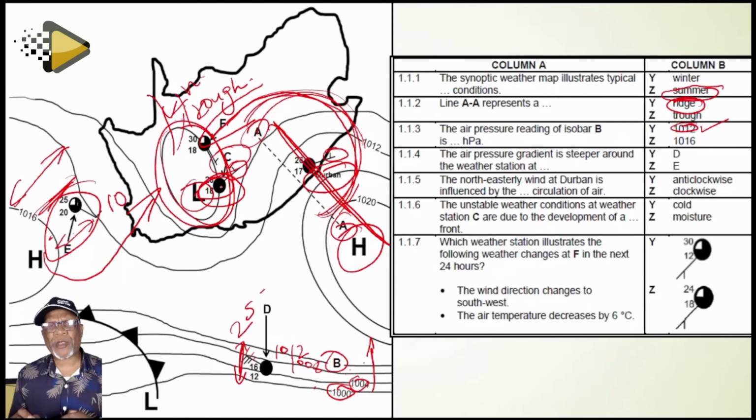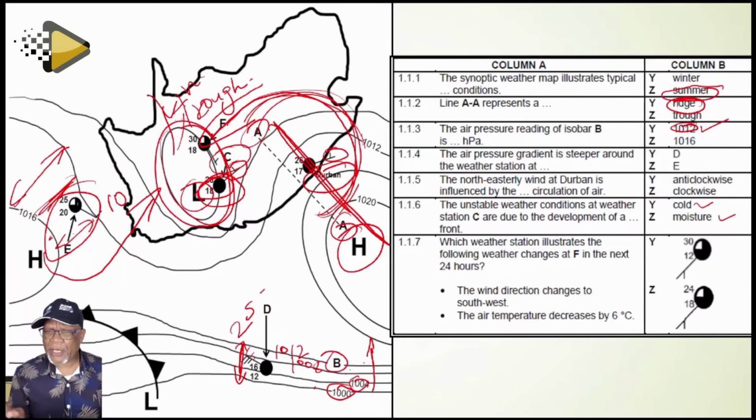But if the weather conditions are unstable, the air is going to rise. And rising air will cool, and after cooling, it's going to condense and form clouds, and after clouds, precipitation. Now, the question is, the unstable weather conditions at weather station C are due to the development of what front? Is it a cold front or a moisture front? So it is due to a moisture front.